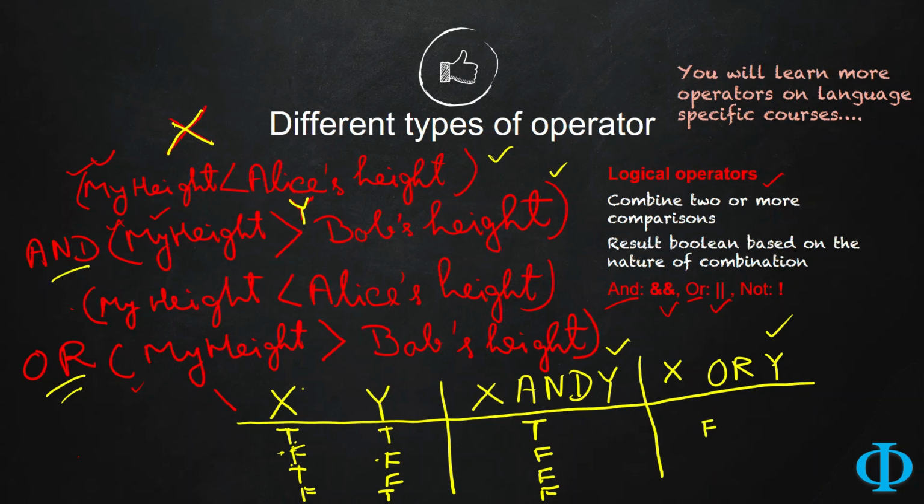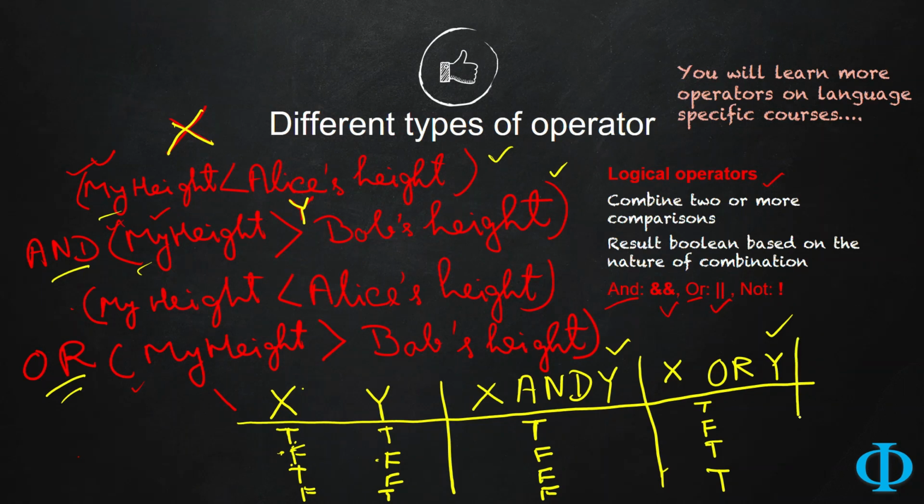Otherwise, if either of them is true, it will return true. So this is the meaning of and or, and these are the two different types of combination. These things can be extended not only to two different comparisons, but to 3, 4, 5, 6 or hundreds of different comparisons.